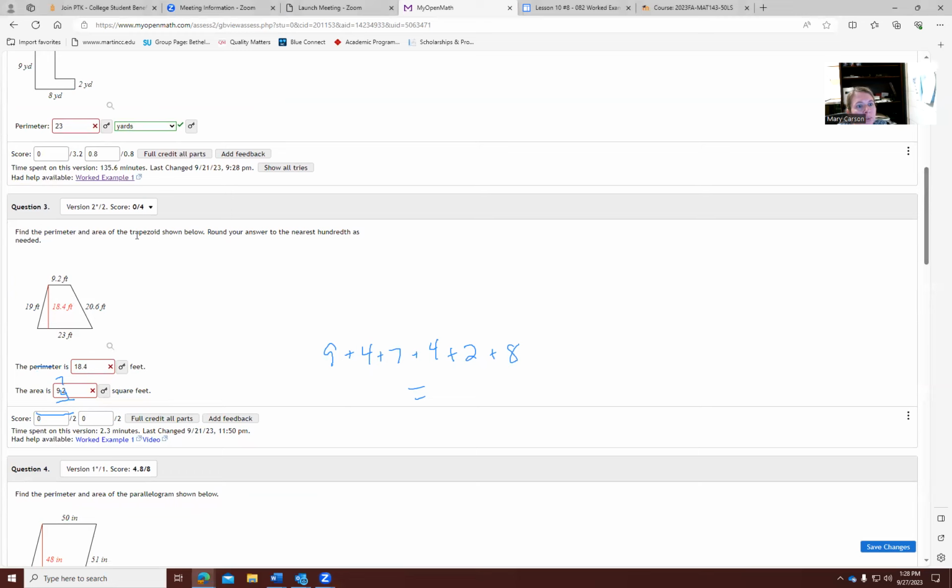Okay, the next one, find the perimeter of the trapezoid. I'm not sure why you missed the perimeter on this one. You're adding all the sides. Again, I just don't feel like you read your notes or watched your videos like you were supposed to. Here's the worked example.